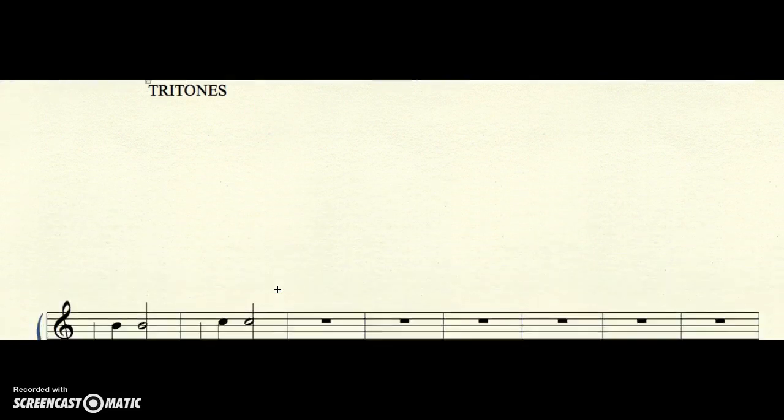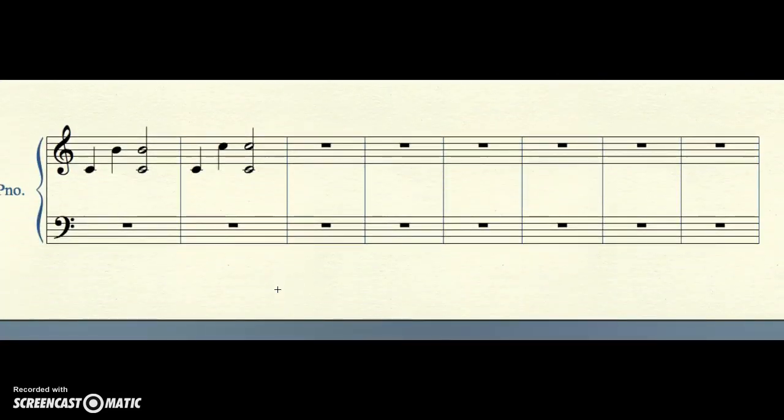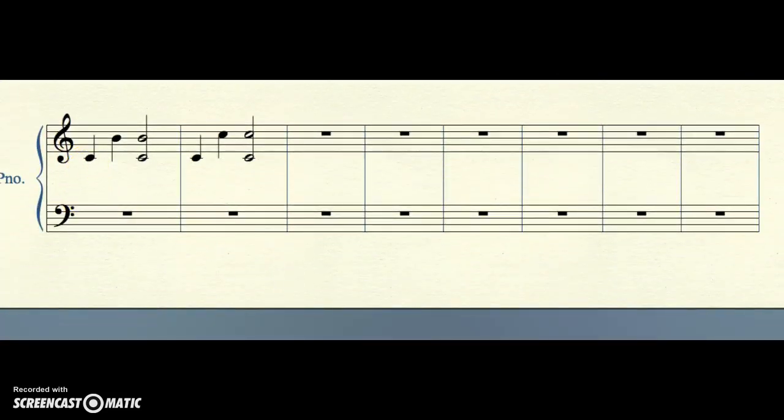So now moving on, we are going to listen to the major seventh, which is right here. So first the major seventh. Now that one you can hear actually clashes quite a bit, so that is dissonant.